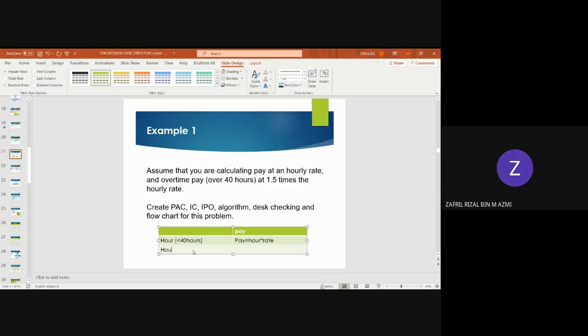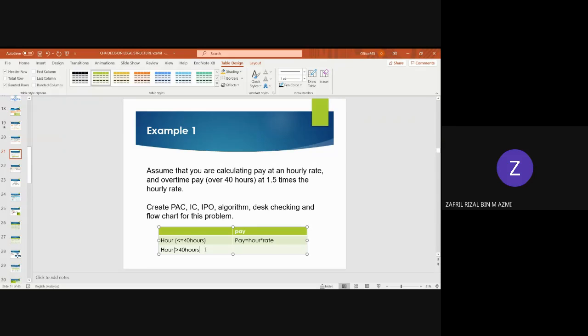Okay, but if the total hours is more than or equal to, over 40, is it including 40? Over 40, no, right? Over 40. So this is including 40?